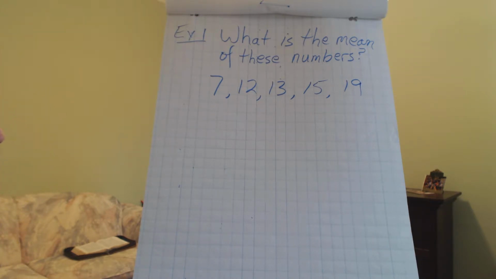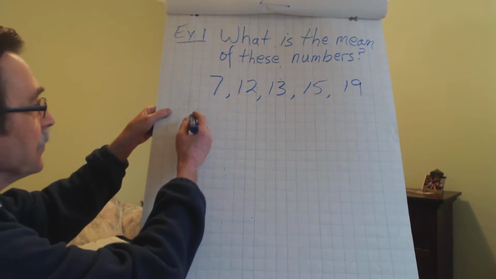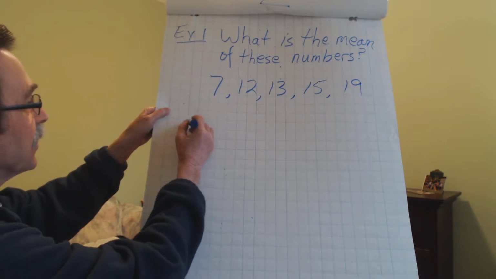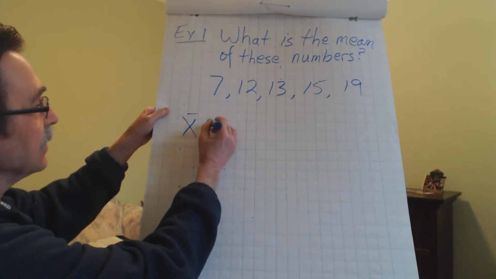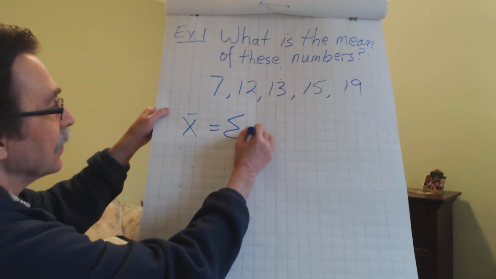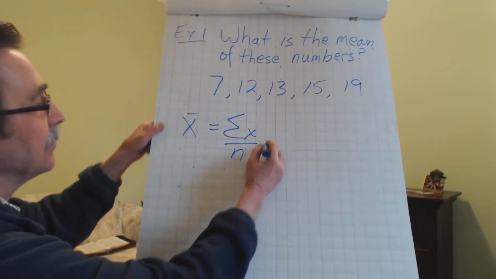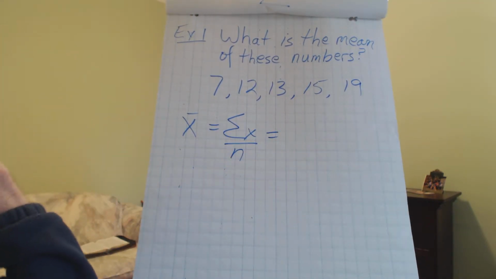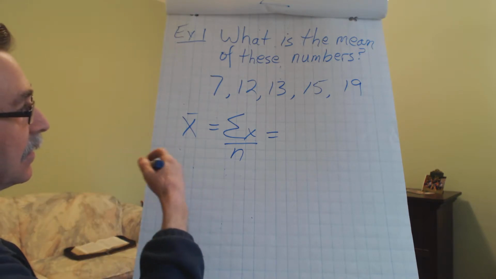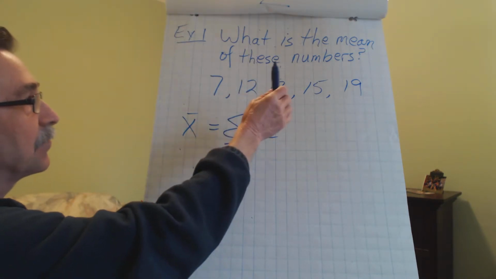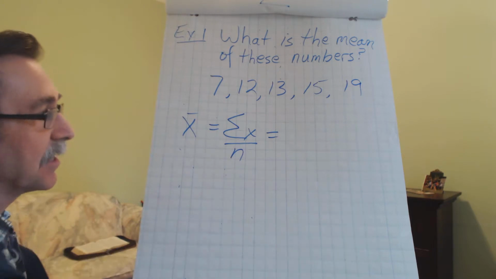Well, all you have to do is add them all up. And let me use the notation, okay? So I'm going to give you the formula again. And we'll go like that over n, which is equal to 7 plus 12 plus 13 plus 15 plus 19.